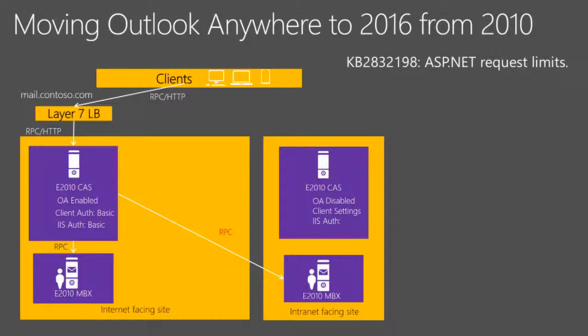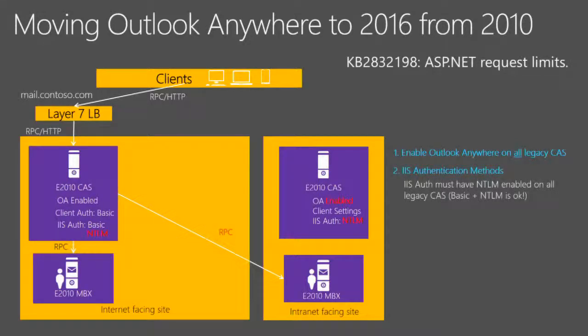Well, one of the first things going to happen here is we need to enable Outlook Anywhere on all of the legacy CAS. The reason for this is without Outlook Anywhere actually enabled, the RPC proxy DLL file is not running in IIS. You can't pass traffic through it. And we need that running to be able to proxy traffic from 13 or 16 back to 2010. So you'll enable Outlook Anywhere in all of your legacy CAS.